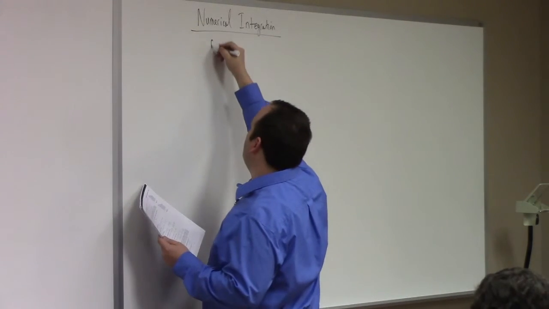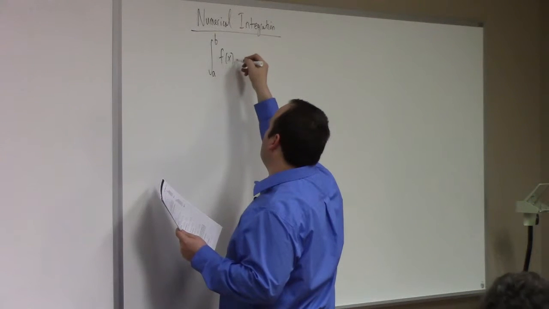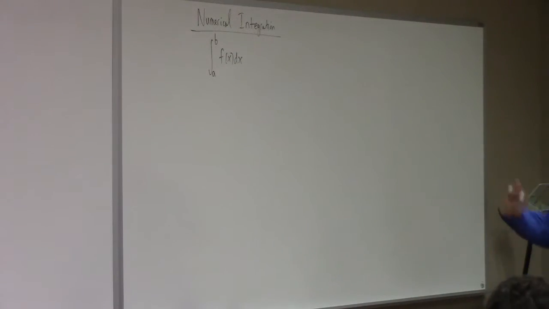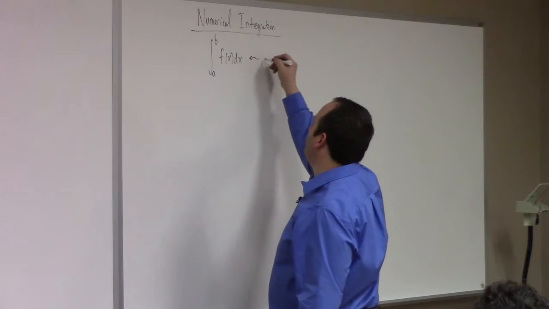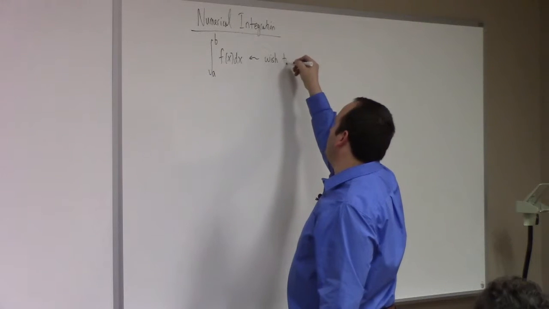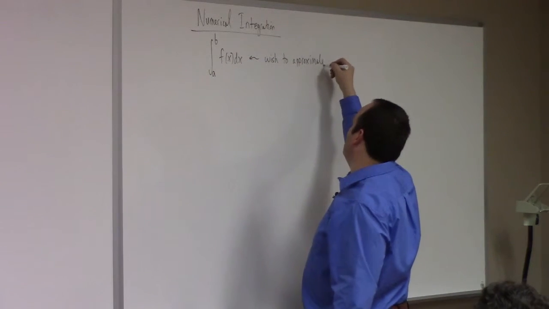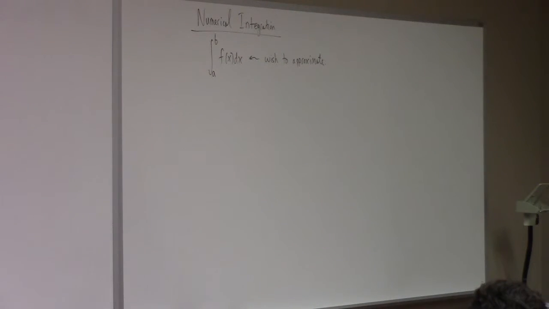So the basic goal of numerical integration, at least in our context, is to find a good approximation to the definite integral. So how do you approximate this thing? We wish to approximate for various reasons. There's a lot of different reasons you might want to approximate an integral.